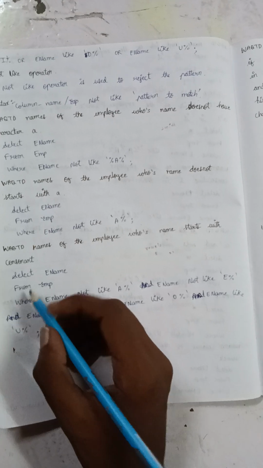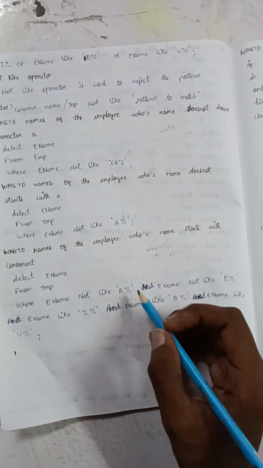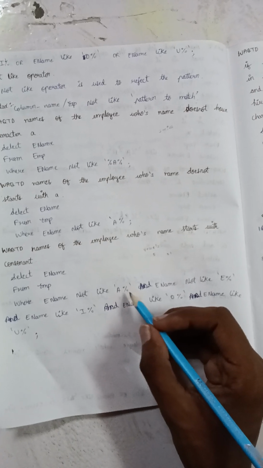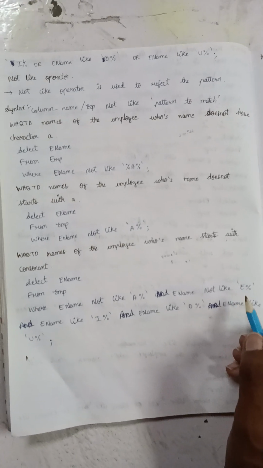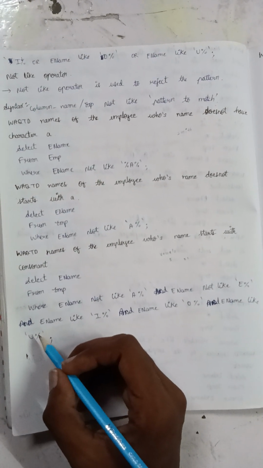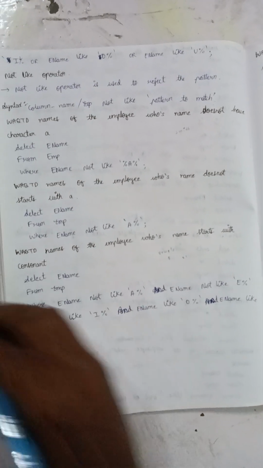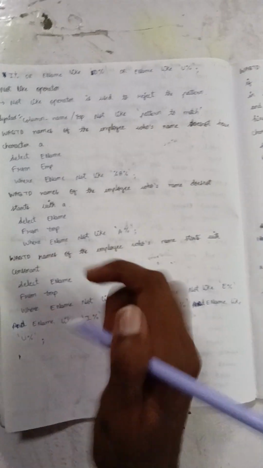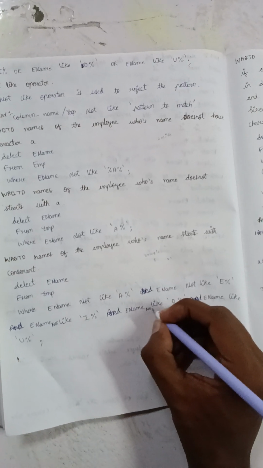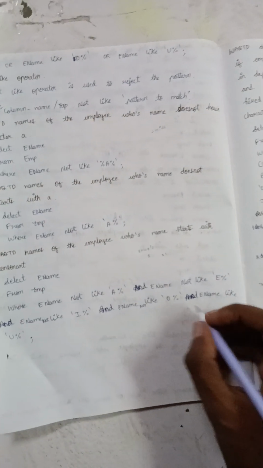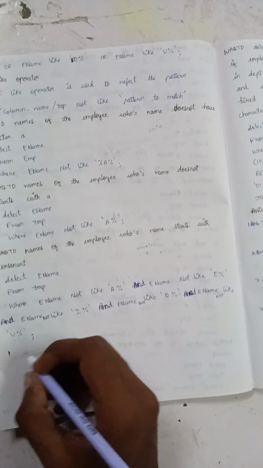Select ename from emp where ename NOT LIKE 'a%' and ename NOT LIKE 'e%' and ename NOT LIKE 'i%' and ename NOT LIKE 'o%' and ename NOT LIKE 'u%'; semicolon.